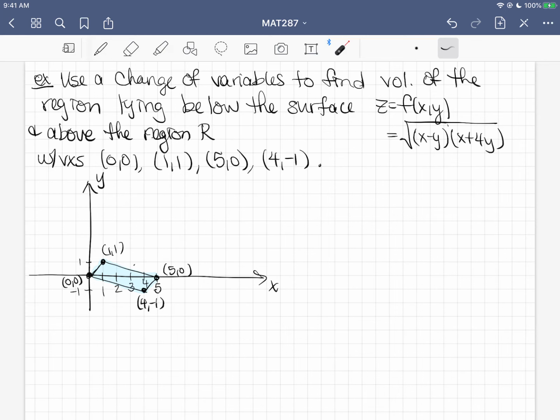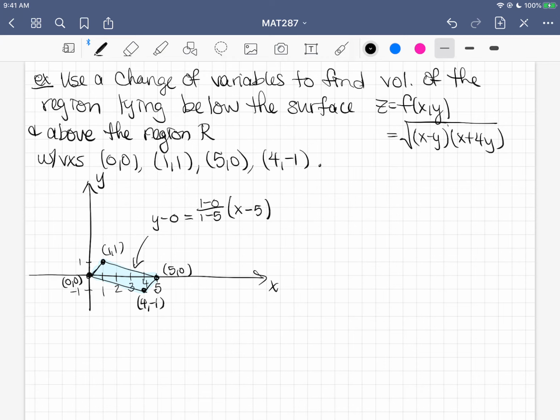To do the change of variables, the first thing I need to do is figure out what my boundaries are. So I'm going to take my lines here and find their equations. You can just do this like you would normally if you know 2 points on a line. Let's work through this one using point slope. y minus 0 equals change in y over change in x, so (1 minus 0) over (1 minus 5) times (x minus 5).